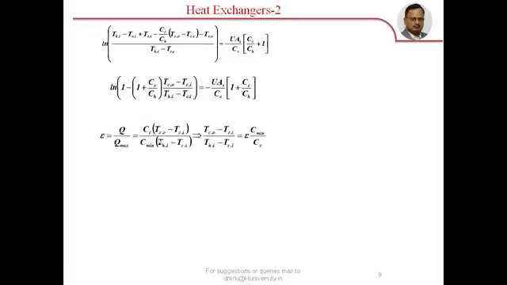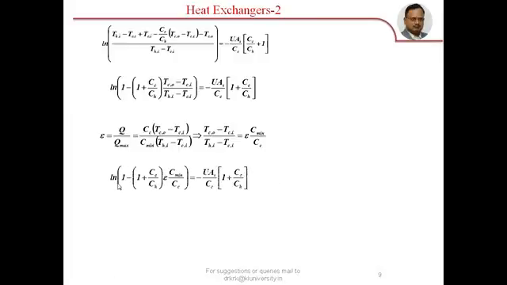And the effectiveness is CC into TCO minus TCI by C minimum into THI minus TCI. I am assuming here minimum heat capacity fluid is cold fluid, MCCC. So TCO minus TCI by THI minus TCI is equal to effectiveness into this CC by C minimum. When it goes to the left hand side, becomes C minimum by CC.